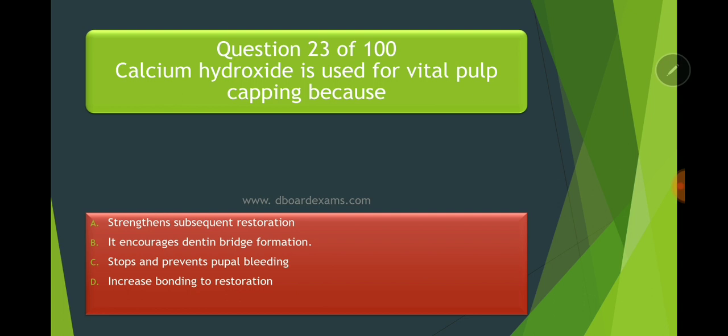B. It encourages dentin bridge formation. That is true. Calcium hydroxide encourages dentin bridge formation. C. It stops and prevents pulp bleeding. That's false. And D. It increases bonding to restoration. That's false too. So our answer here is B. Make sure you know the purpose of calcium hydroxide.